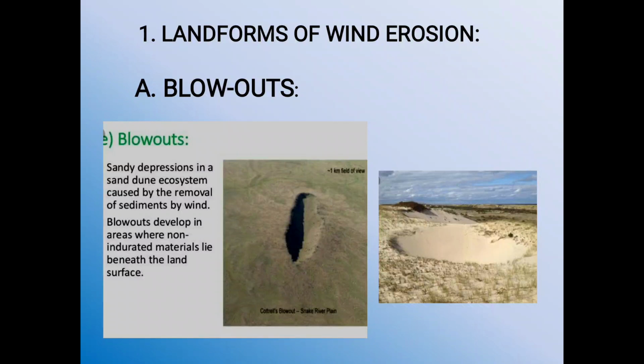Number 4, saltation. Saltation is the phenomenon related to travel of sand particles in the air above the ground surface. Bouncing of particles into the air, rolling and jumping on each other brings collision.